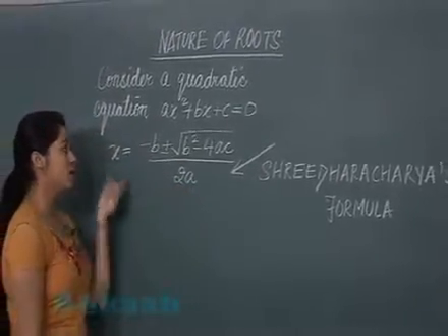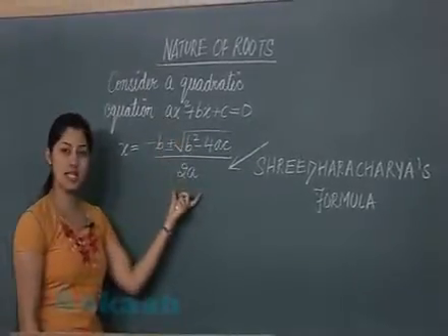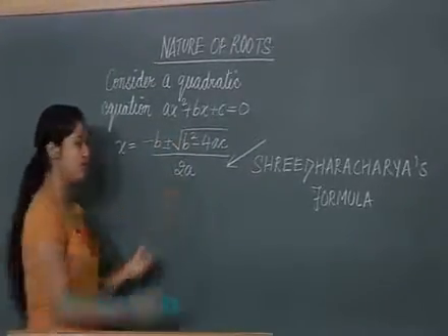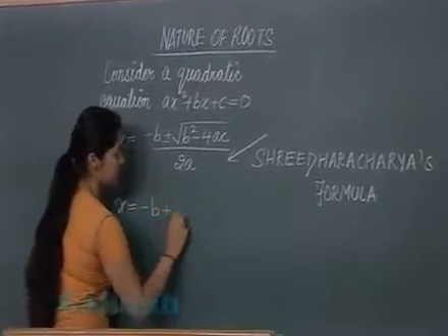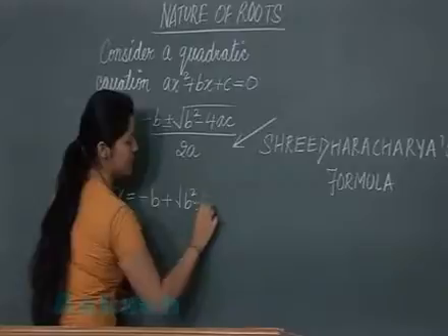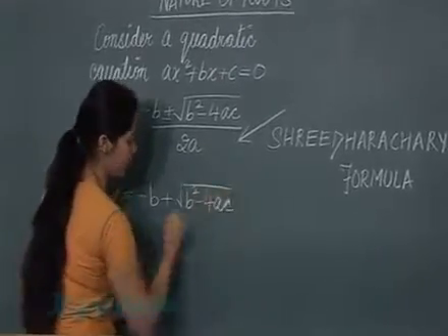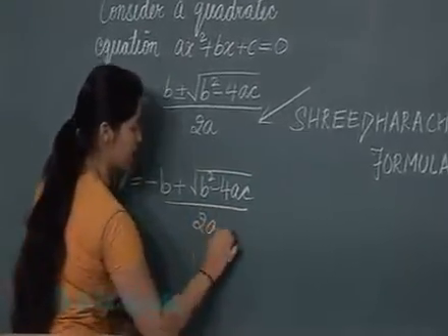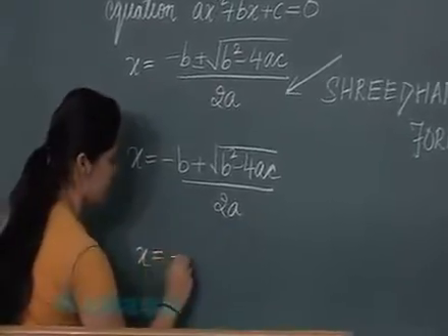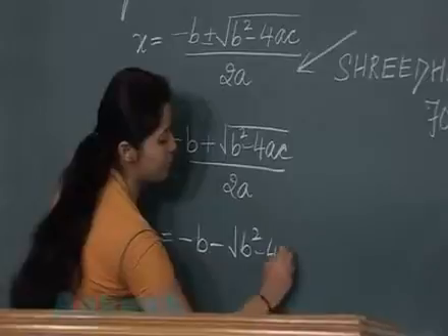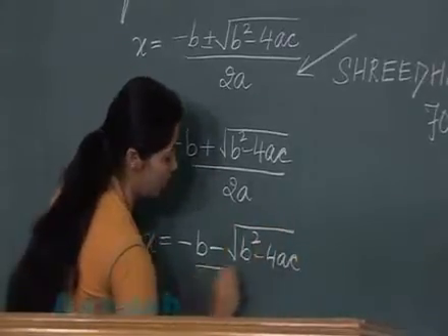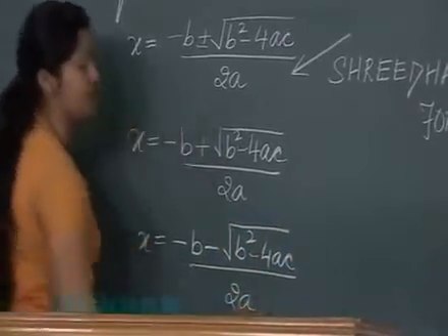Now we know that the two roots of the quadratic equation are given by this formula: minus b plus root b square minus 4ac upon 2a and minus b minus root b square minus 4ac upon 2a.